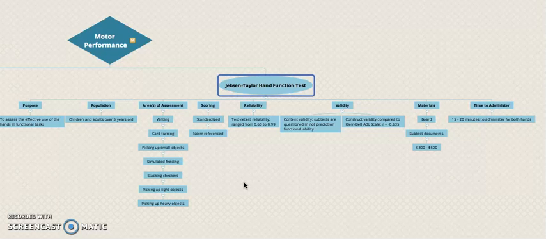It is a standardized assessment and it will be norm referenced. This test also has test-retest reliability ranging from 0.6 to 0.99, and the validity includes content validity as well as construct validity when compared to the Klein-Bell ADL scale. Materials used are the board as well as all the documents and materials necessary for the subtests, and the time to administer is about 15 to 20 minutes for both hands.